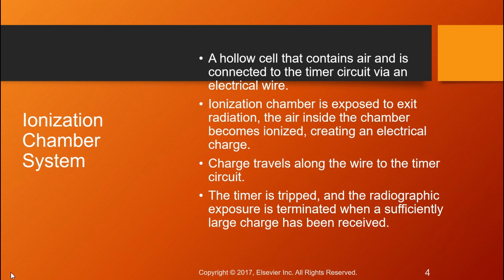So the end result is the same. There is a timer that is tripping, causing the exposure to be terminated when a pre-programmed level has been reached. Okay, now the type of AEC used by most manufacturers is this ionization chamber system. Okay, it is made radiolucent so that it will not interfere with any radiographic images.